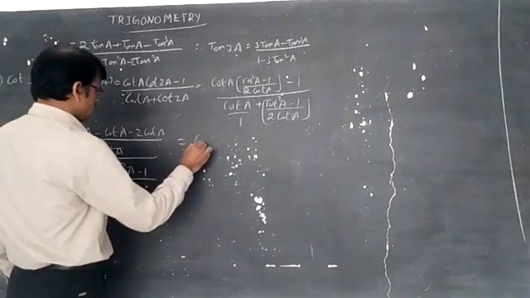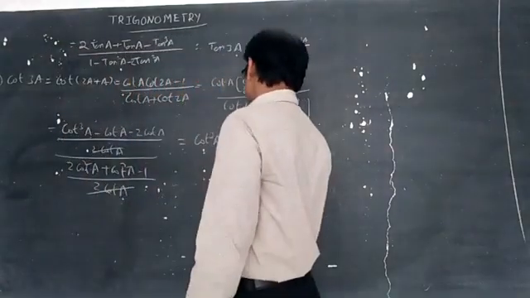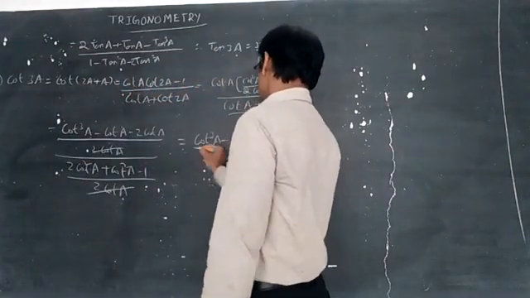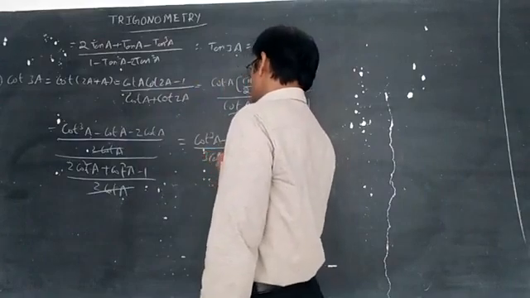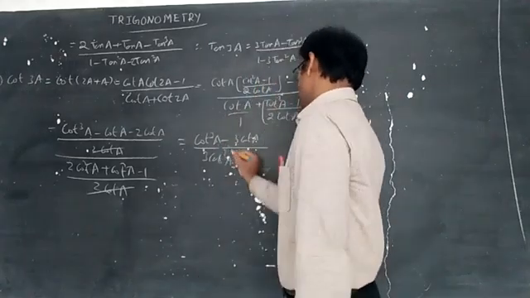That is equal to cot cube A minus cot A minus 2 cot A, which becomes 3 cot A, by 3 cot square A minus 1. That's all.